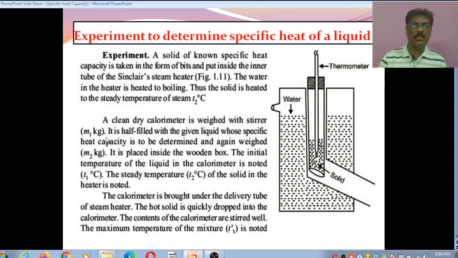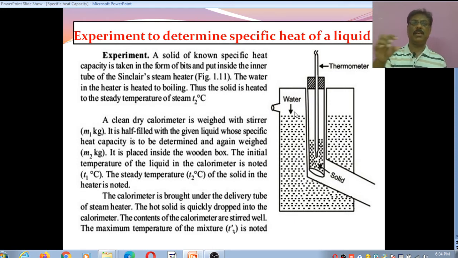And then it is half filled with the given liquid whose specific heat capacity is to be determined. Now you fill the calorimeter half, meaning 50% of the calorimeter is filled with the experimental liquid, the given liquid whose specific heat capacity we are going to determine.